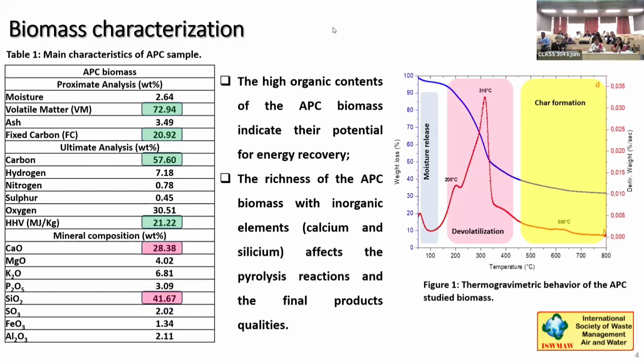For the thermogravimetric behavior of Aleppo pine cone biomass, 3 main stages could be observed. The first one is for the moisture release, the second one is for the devolatilization, which also indicates the cellulose, hemicellulose, and part of lignin degradation, and the last stage is for the lignin degradation and the char formation.